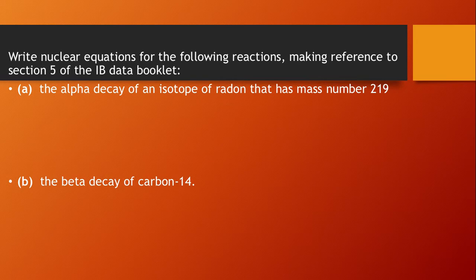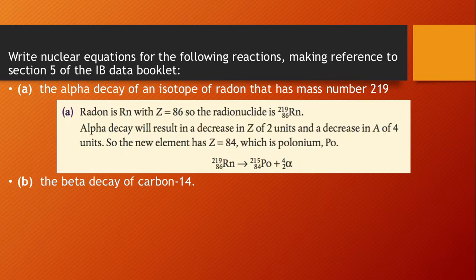And as you will see in the answer, the atomic mass has gone down by 4. The atomic number has gone down by 2. So we have a brand new element, Po, polonium. So you can write the nuclear symbol for polonium 215, as you can see there.